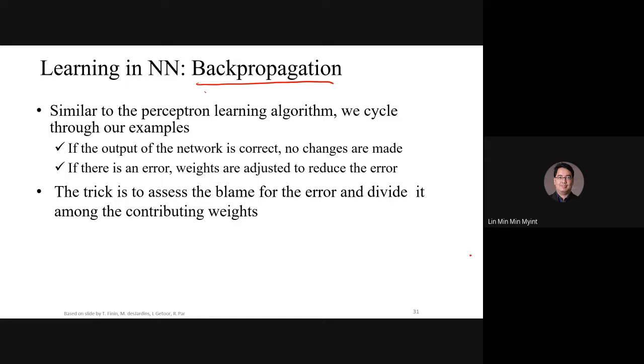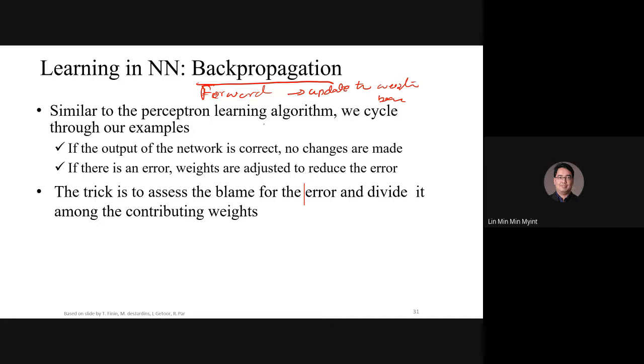Previously, I just showed you the feed forward, forward propagation. To do the learning, or to update the weights, including the bias, that process we call backpropagation.